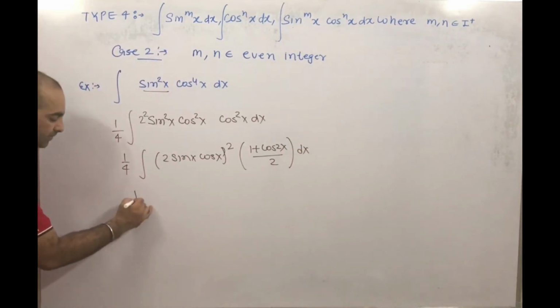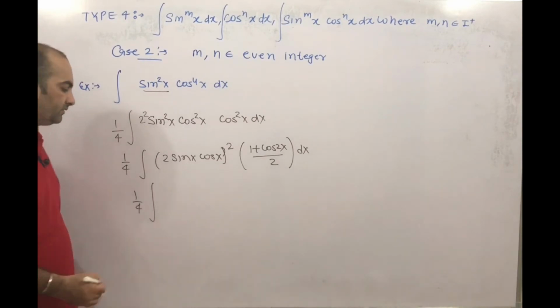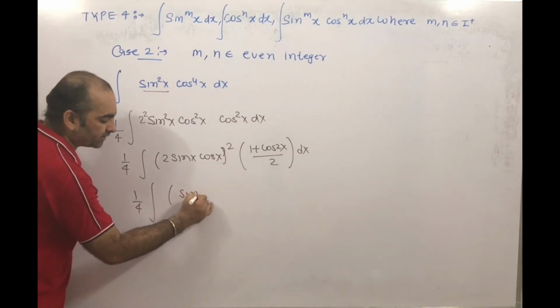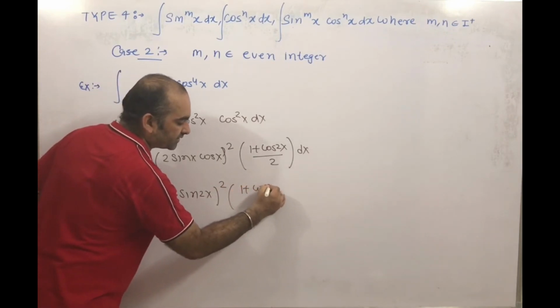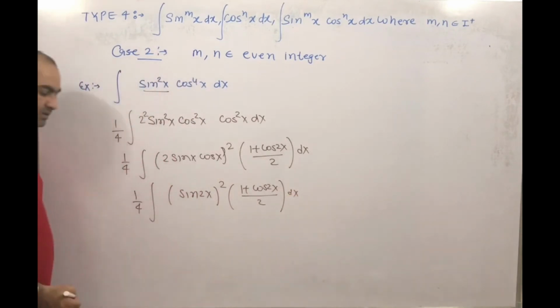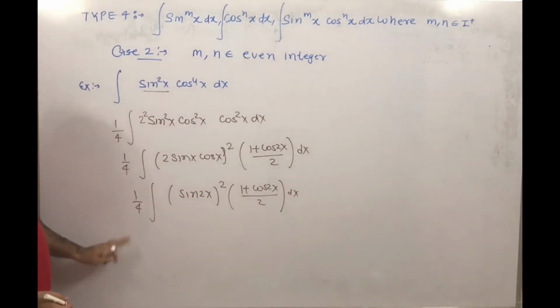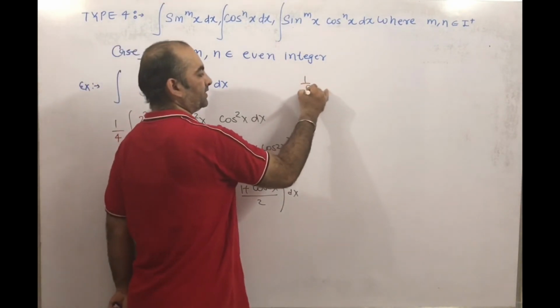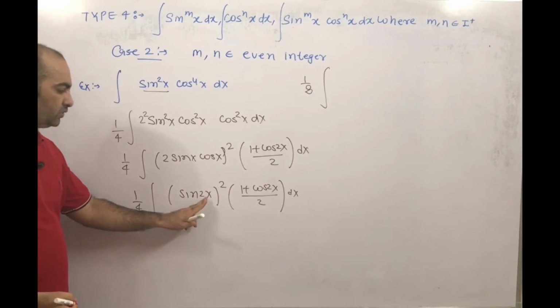So what will come here? 1 by 4 integration of 2 sin x cos x, this one we can write sin 2x whole square, 1 plus cos 2x divided by 2 dx. So this will come, 1 by 4 and this 2 will come here, so 1 by 8 integration of sin 2x whole square.